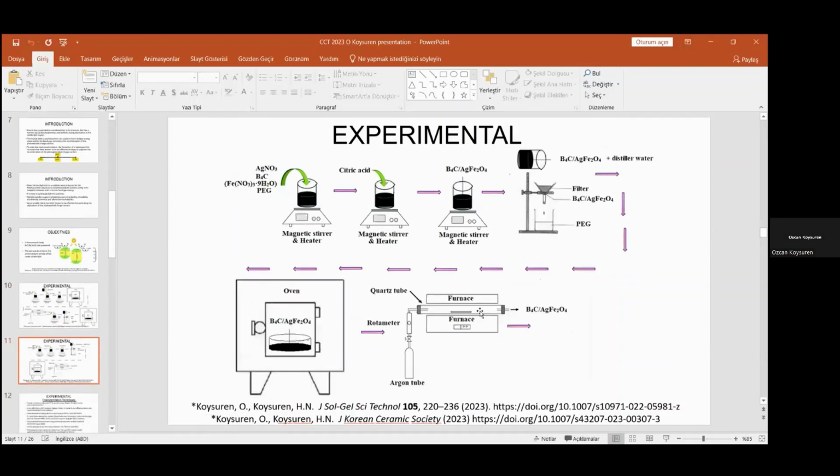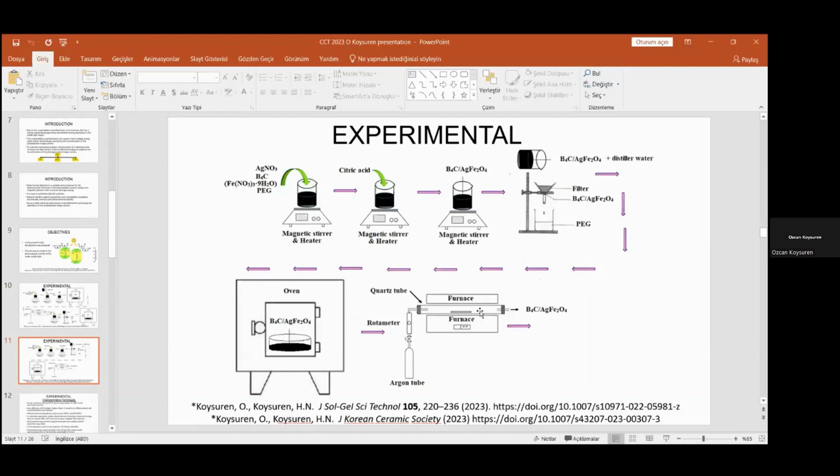After synthesis of boron carbide, we synthesized the silver ferrite in the presence of boron carbide to prepare the composite structure. For this purpose, we used silver nitrate and iron nitrate. These are the precursors of silver ferrite.